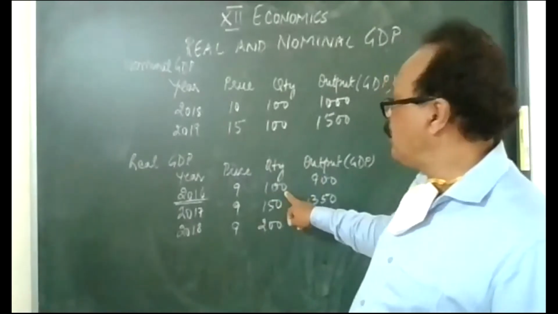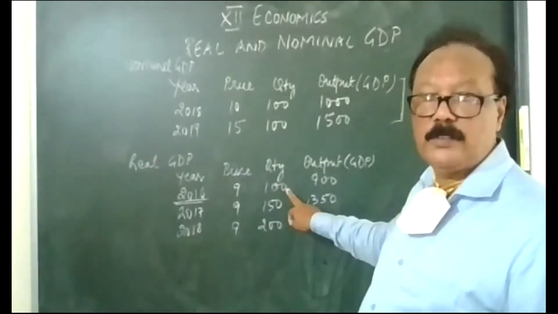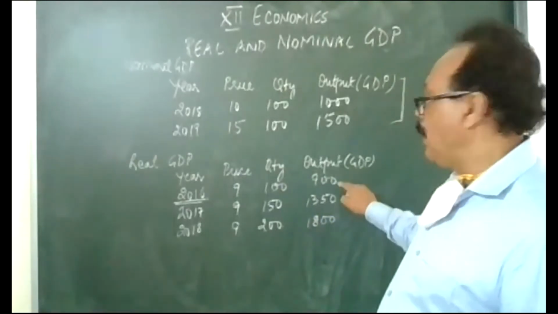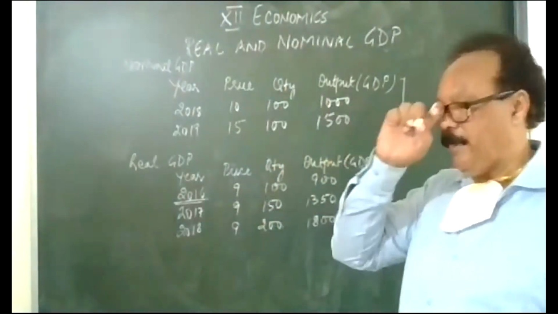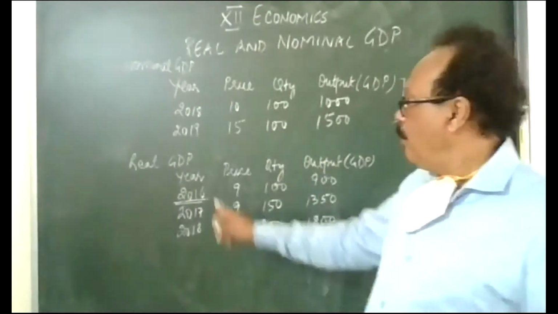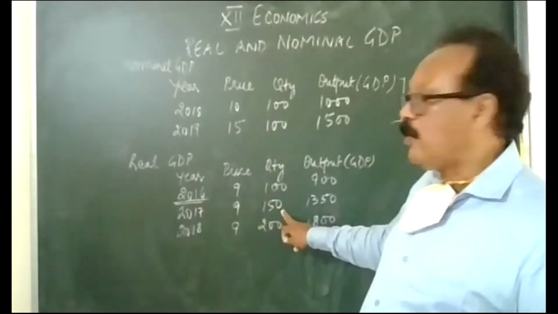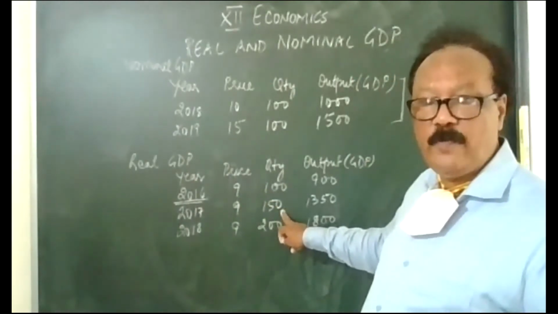In the year 2016, the quantity produced was 100 units, and so the GDP was 900. In 2017, we are following the real GDP. Price of the base year was 9. Quantity is able to increase to 115.